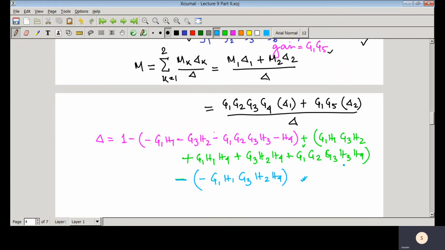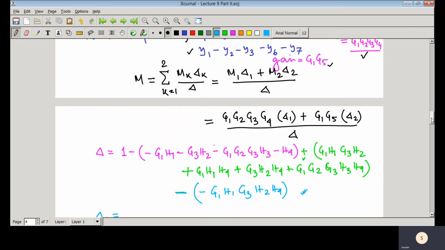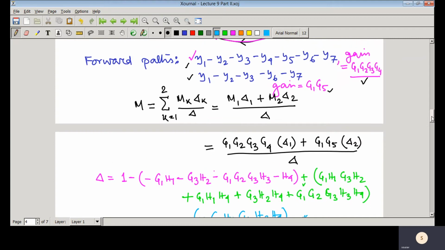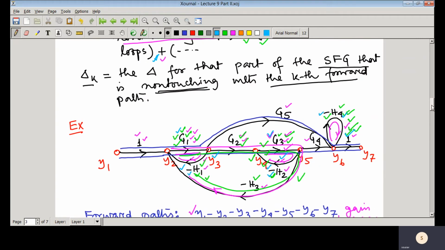So now what is delta 1? Delta 1 corresponds to the first forward path. It is the delta for that part of the signal flow graph which is non-touching with the first forward path.